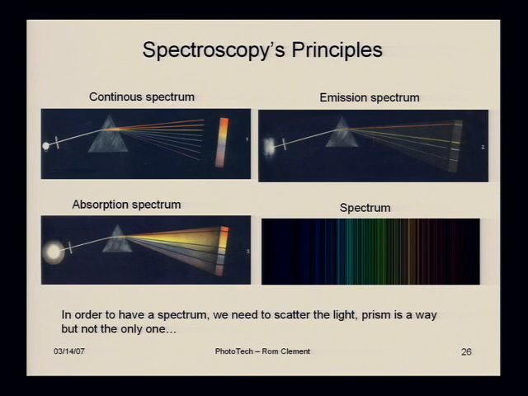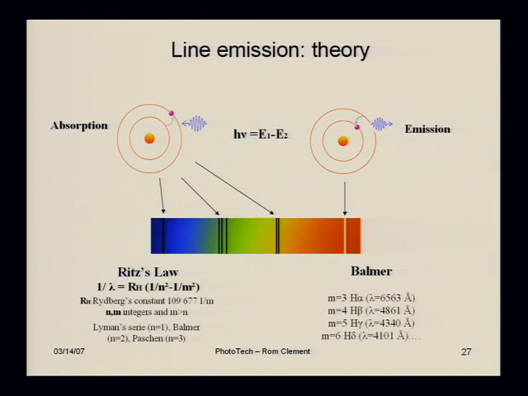So here, in these drawings, prisms can be used for scattering the light and obtaining a spectrum. But we can also use different devices called gratings, which are based on diffraction, to obtain the same thing. I won't spend a lot of time on this slide.